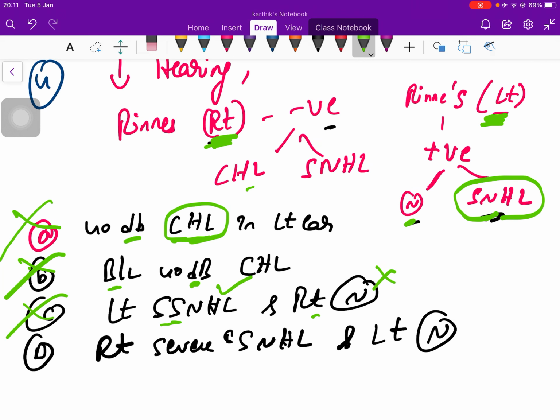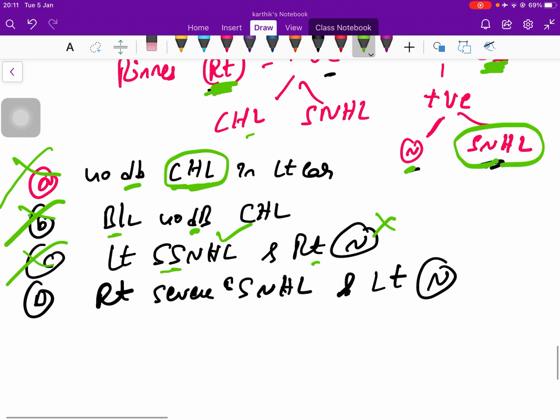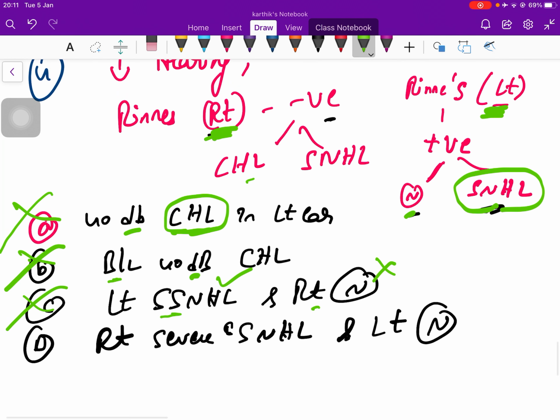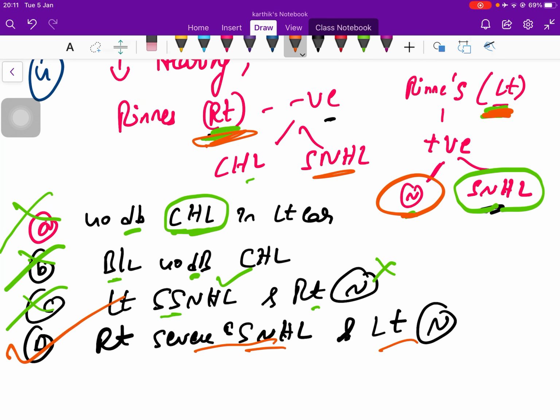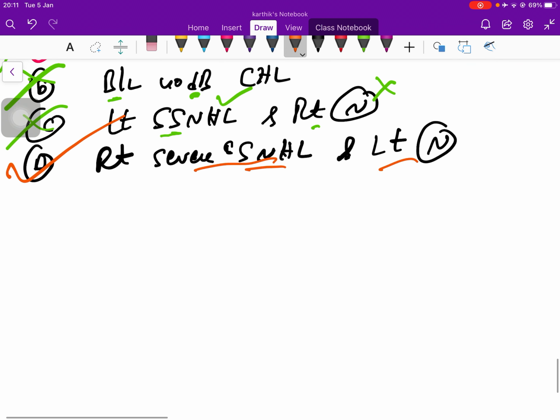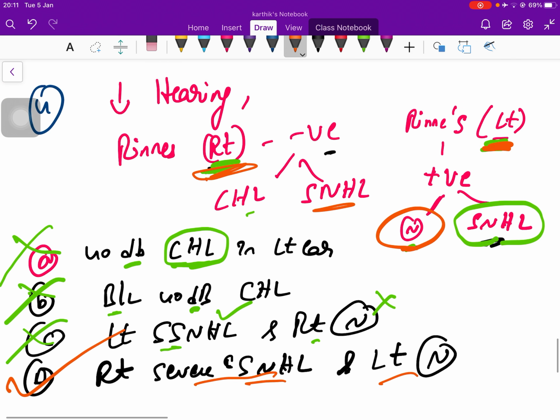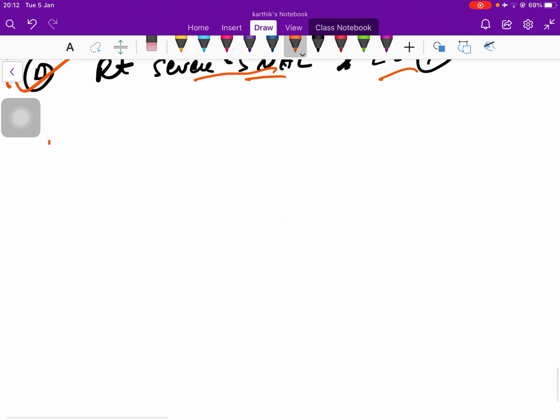Do we have right normal? No, so this is also not the option. Now fourth one, right sensory neural hearing loss and left is normal. So this is the answer. That's how you should rule it out.